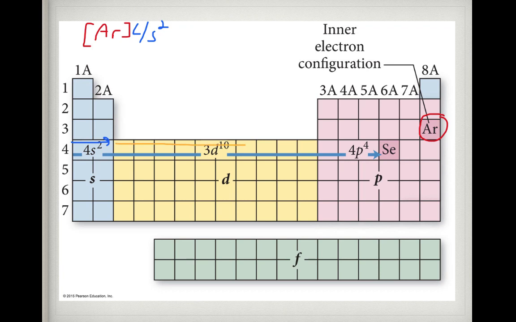We come across here and we've got 3d10, and then we've got 4p4. So we look at the period number, the block, and which element we have in that block. There are lots of different ways of writing electron configurations. The easiest way to get used to doing them is lots of practice.